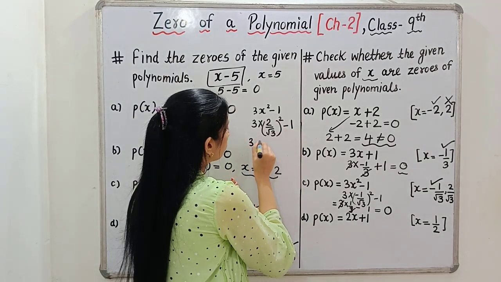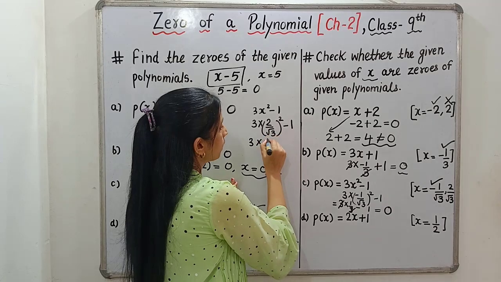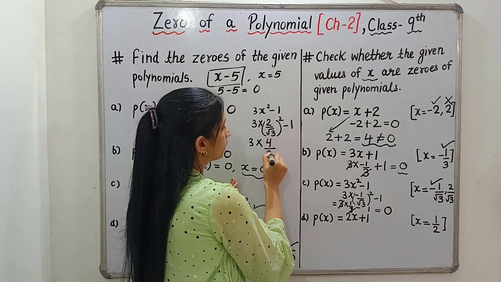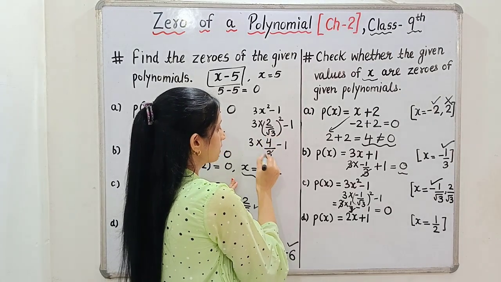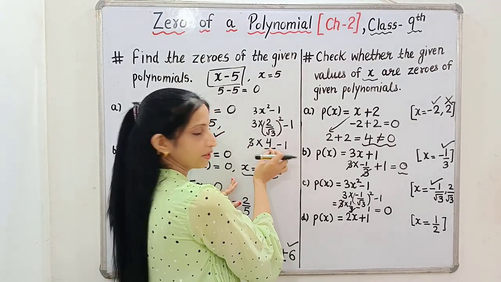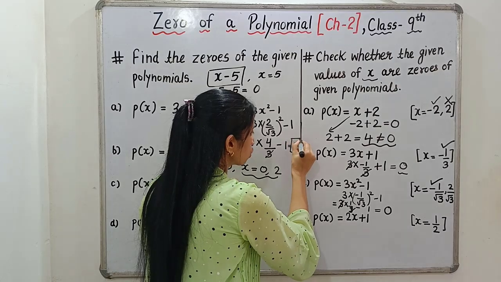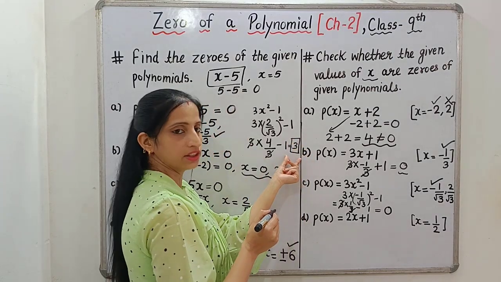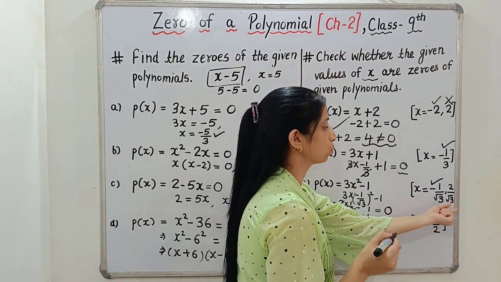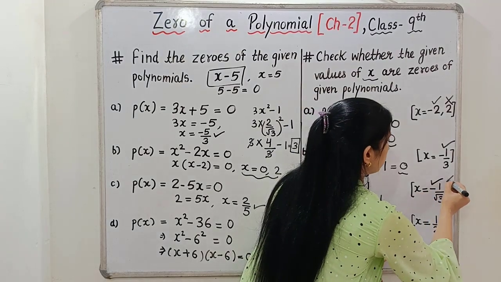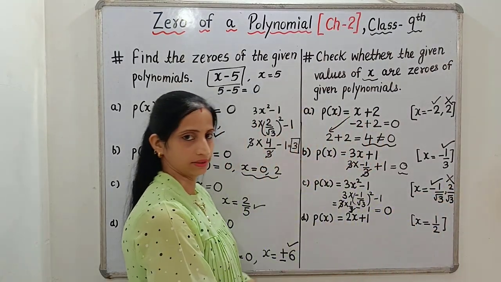Now 3 multiplied by 2 square is 4 and root 3 square will be 3, minus 1. By this 3 we can cancel this. We are left with 4 minus 1, that is equal to 3. So it is not coming 0. Therefore x is equal to 2 upon root 3 will not be the 0 of the given polynomial.